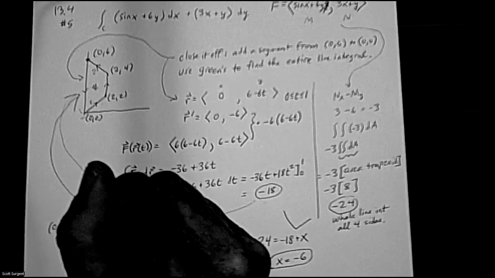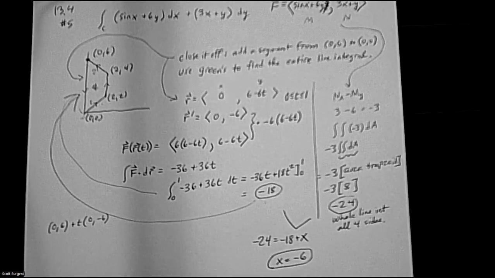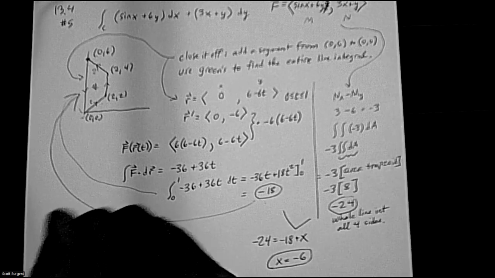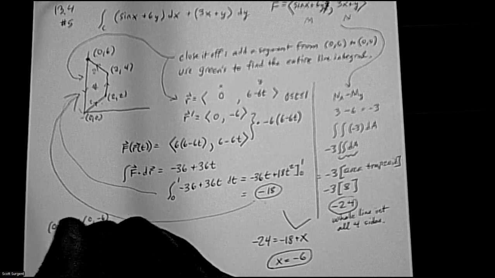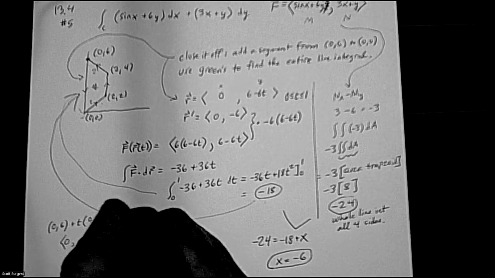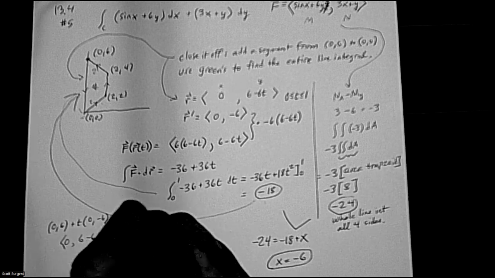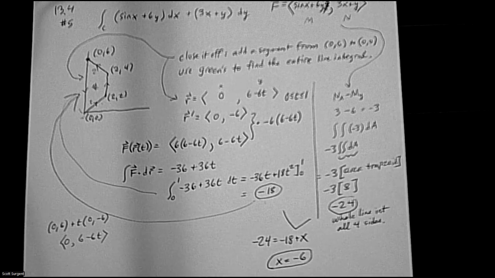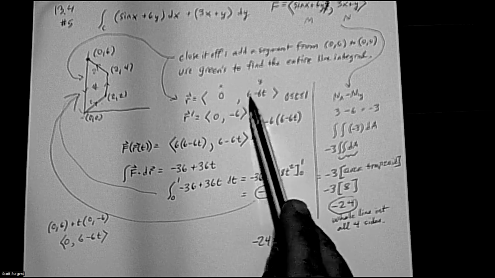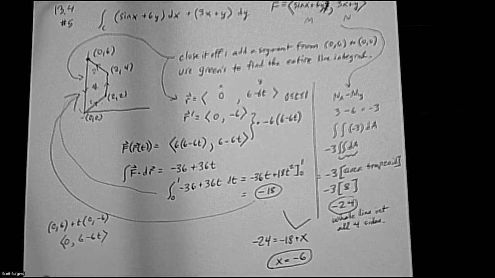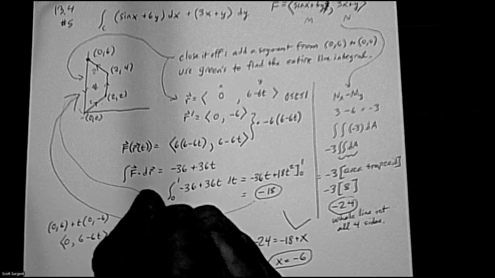That's going to be 0 and negative 6. And then you just bring them together. The zeros just drop out, so you just get a 0, and then 6 plus negative 6t. Okay, and that's how we got this parameterization. And if you do it this way, the bounds are always 0 to 1.